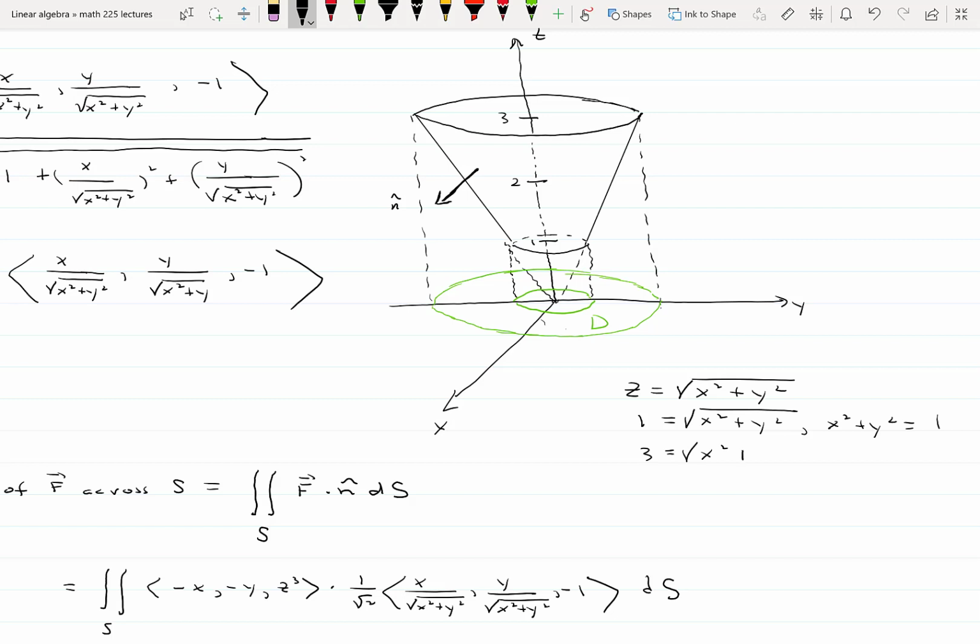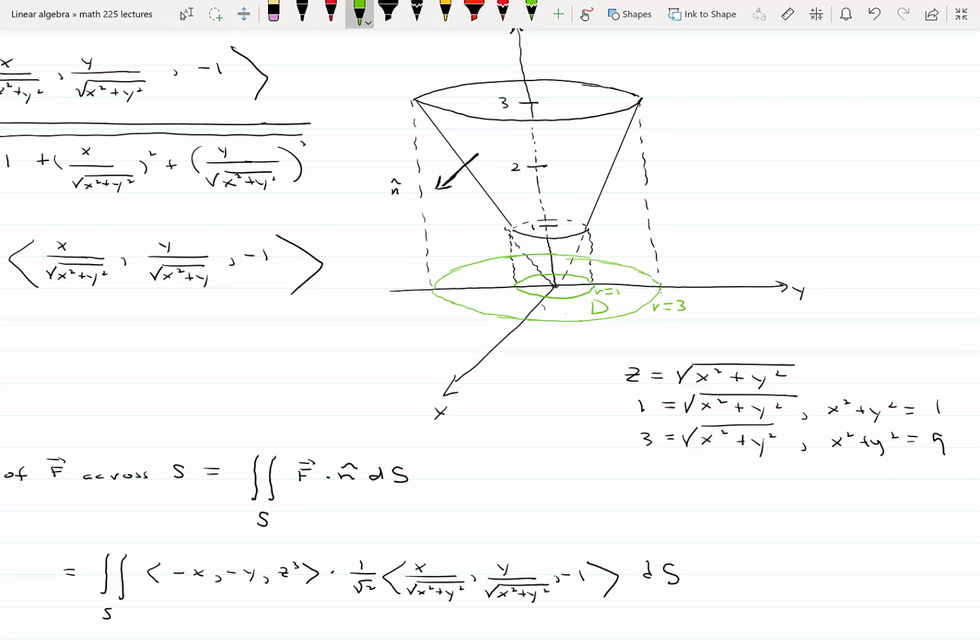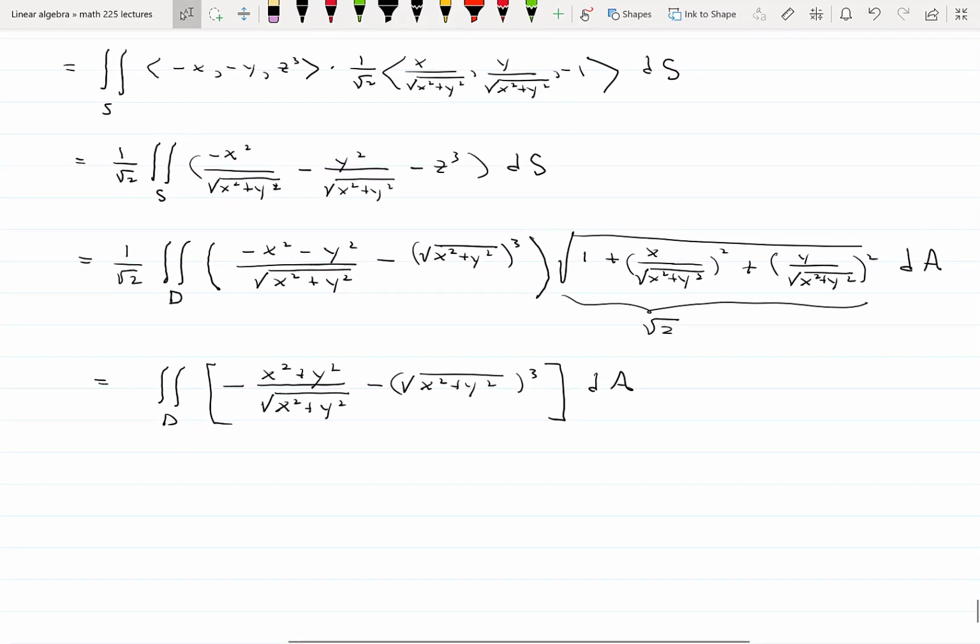When z equals 3, finding the intersection, 3 equals the square root of x squared plus y squared. That gives you the circle of radius 3. Okay, so I'm going to slip those in. In polar, the inner circle is r equals 1. The outer circle is r equals 3. So let's change this into a polar integral and get this lecture done.